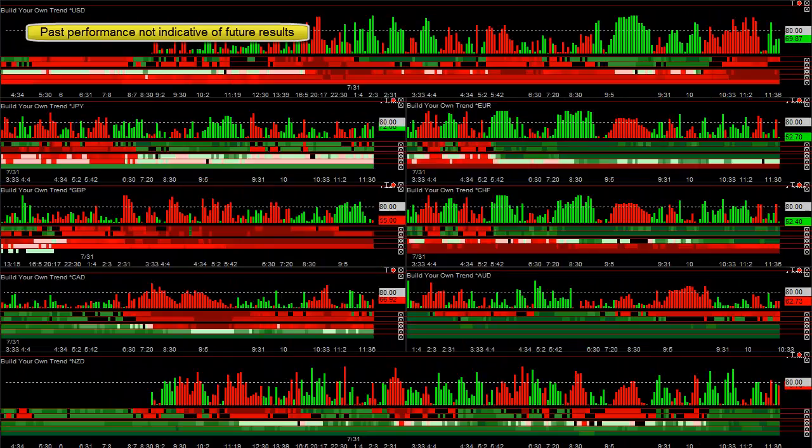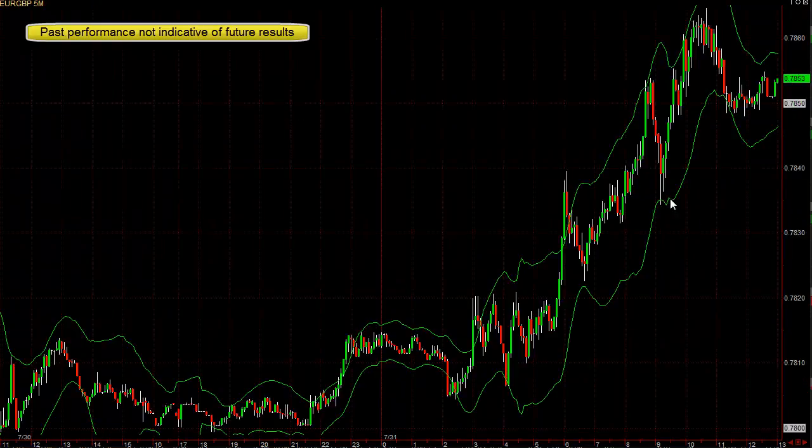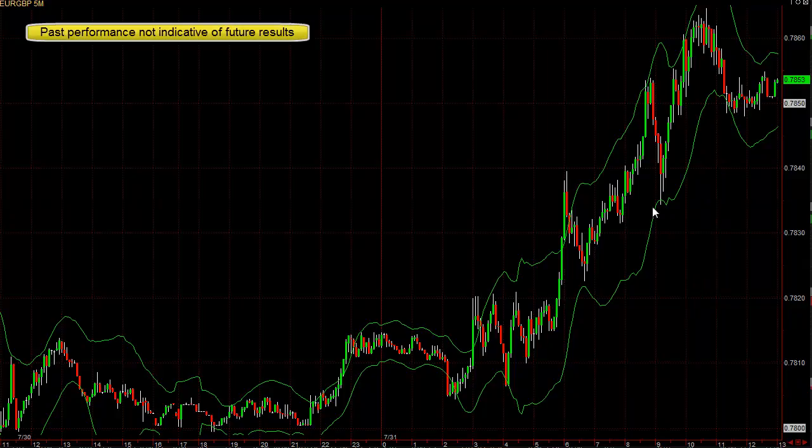Let's look at one more example for currencies you could be focusing on using this. Obviously, the pound, very weak. Strong euro, that would be a perfect one to look for this in. Euro pound, and notice the lower band right here, almost again to the very pip.